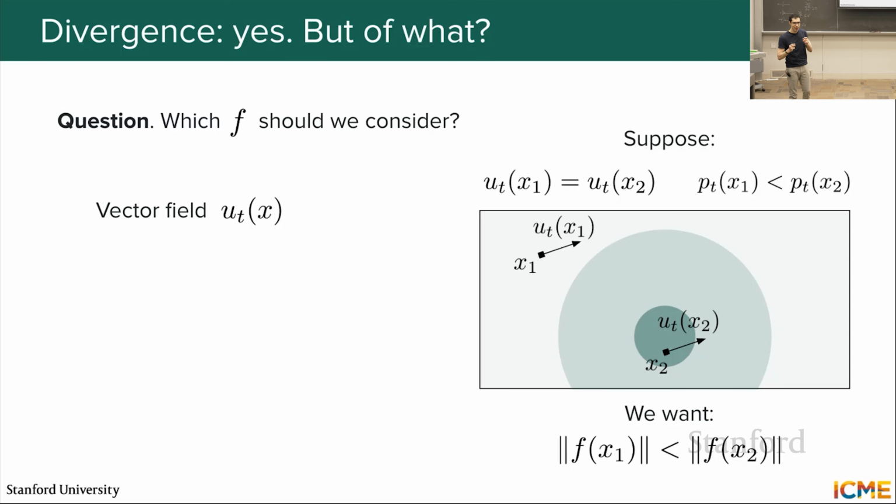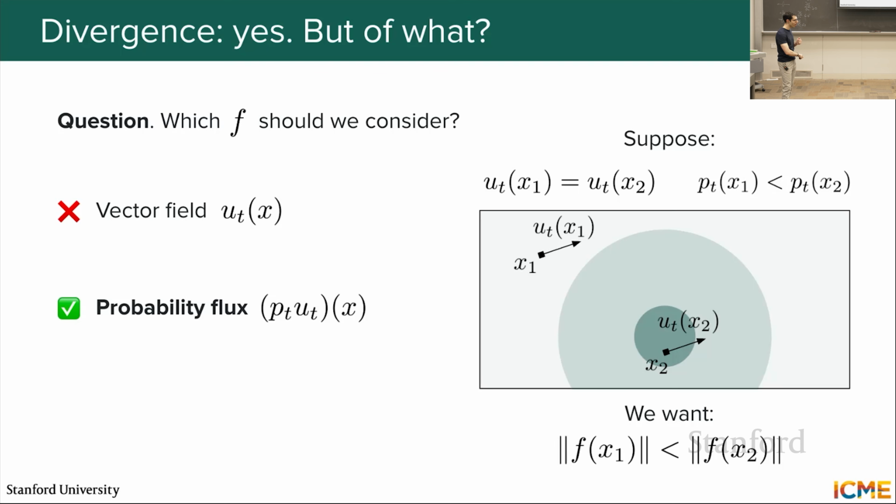If you happen to have a higher density in one of the 2 points, then our intuition tells us that you would want the point in the higher density region to transport more things than the one in the lower density region. So in that case, the vector field alone would actually not be a good candidate.